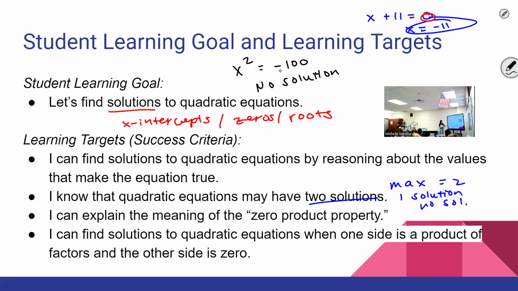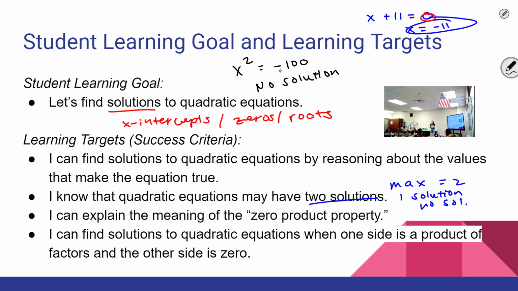You need to be able to explain the meaning of zero product property. So table 6, can you tell me what zero product property means? If it equals 0, then what do we do with the equation? Okay, revise that just a little bit, because here's something that equals 0, but that doesn't mean one of these numbers is 0.